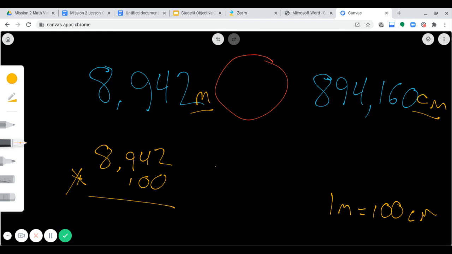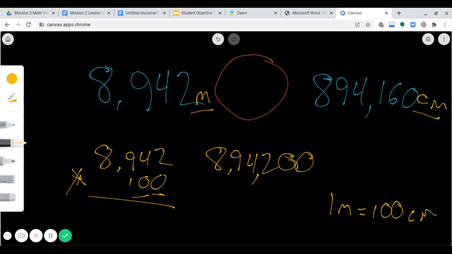If you're multiplying 8,942 times 100, we are just moving over. How many zeros are in 100? There are 2. So if I have 8,942 and I'm multiplying it times 100, I just put those 2 zeros at the end.